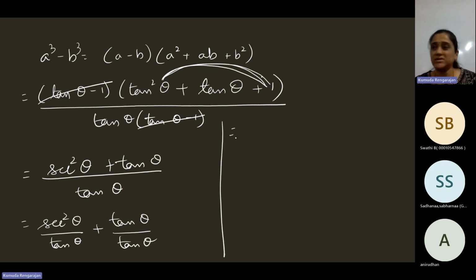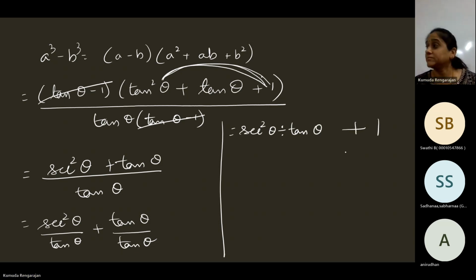Secant square theta by tan theta is difficult to proceed, so we'll write like this. It's easy to proceed: secant square theta divided by tan theta like this, plus 1. I always use this form so that it's easy for me to explain and for you also to understand.